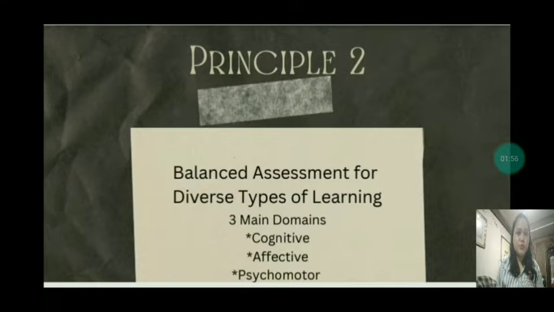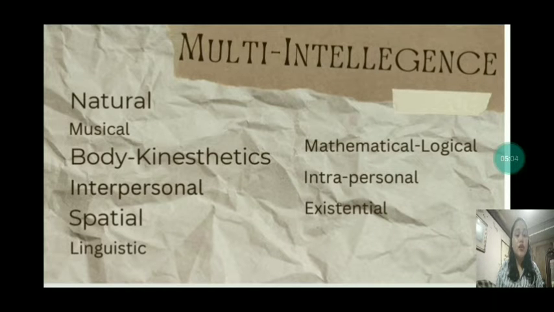Principle number 2 is balanced assessments for diverse types of learning. So, it should consider the 3 domains, which are the cognitive, affective, and psychomotor. Since the learners are diverse in the classroom setting, the multiple intelligences of the learners should be considered.